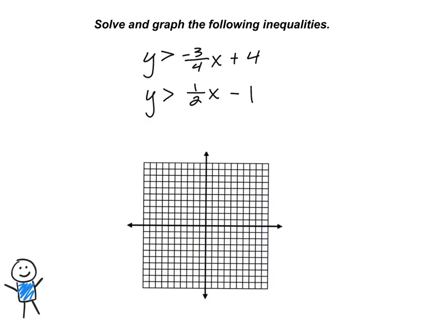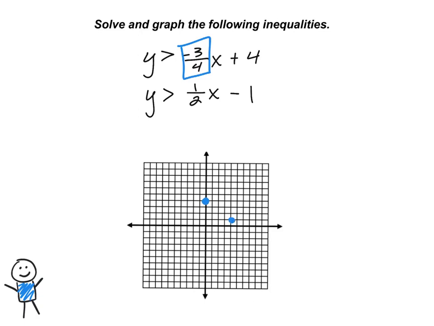In this example, we're asked to graph two linear inequalities, which is basically called a system of linear inequalities. So I'm going to start by graphing the top one, and I'm going to use two different colors for this one. The y-intercept of the top one is a 4. The slope of that line is -3/4. That means I'm going to go down 3 and to the right 4.